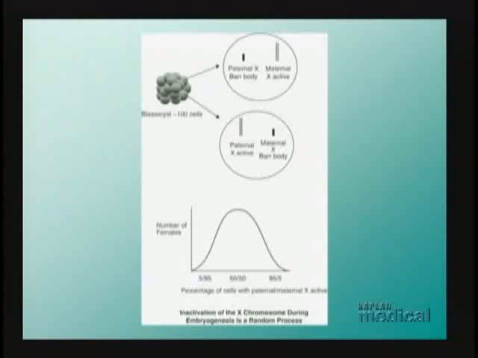That is, within the body, in roughly half of the cells, the paternal X chromosome would be inactivated, and in 50% of the cells, the maternal X chromosome would be inactivated. However, since this inactivation occurs simply due to random chance, that is, the choice within an individual cell, the choice of which chromosome to inactivate is randomly chosen.